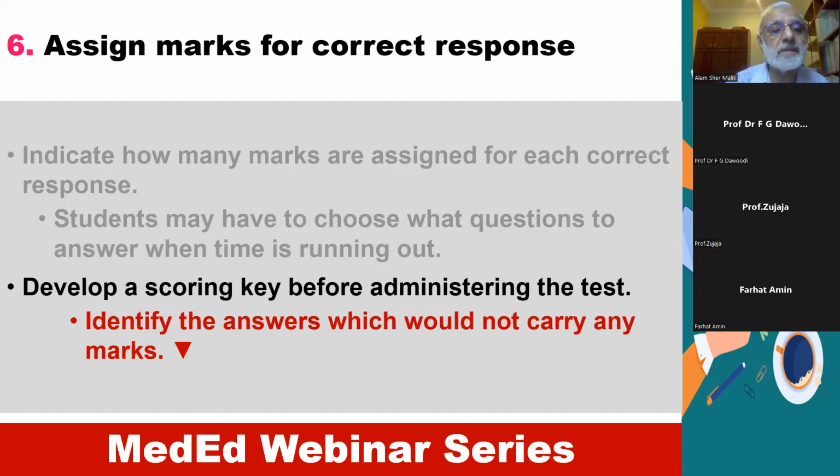That helps the examiner to mark the question. As we were talking about the subjectivity in marking of essay questions, with these kinds of steps, we can overcome the subjectivity and make it more objective.